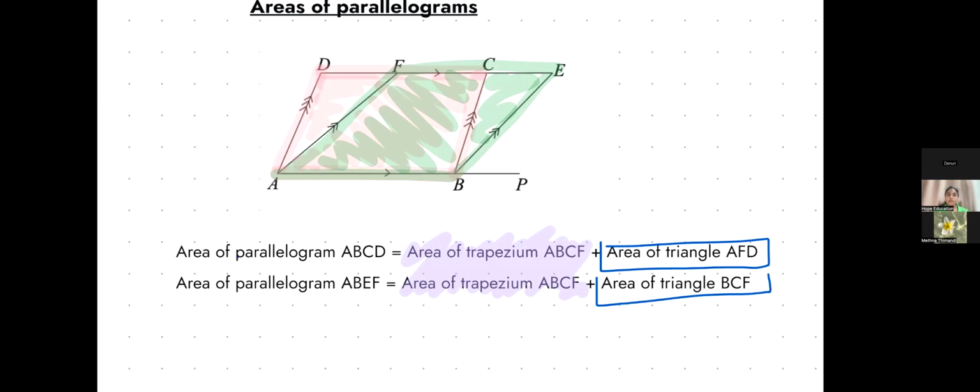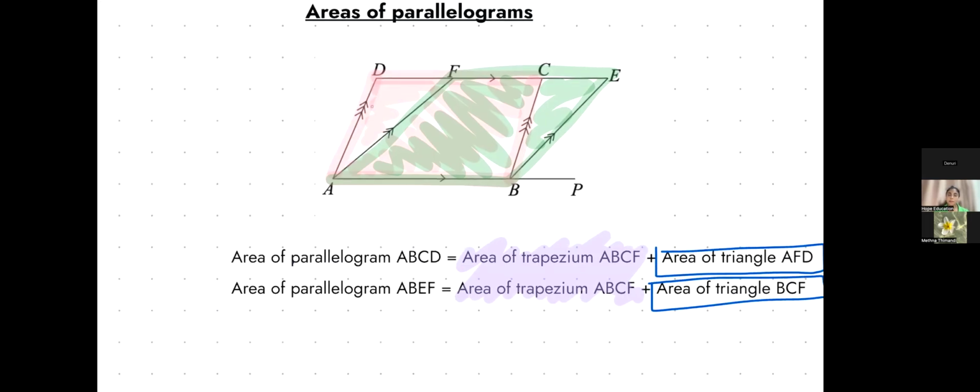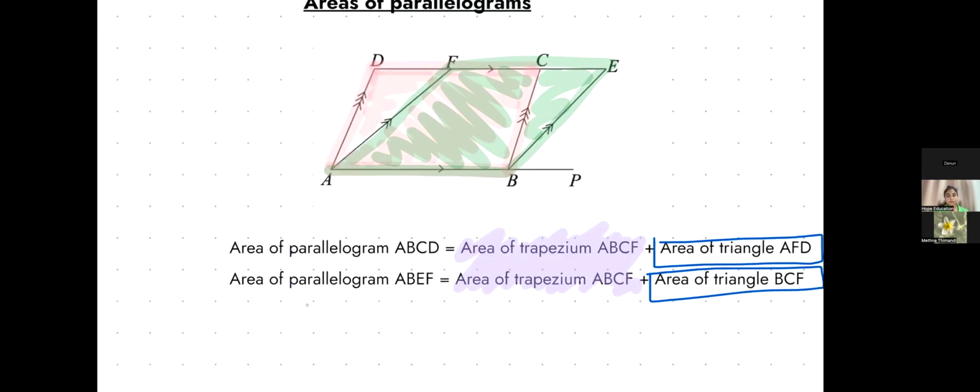So triangle AFD is here. Triangle BCE is here. Now let's look at those two. Triangle AFD and triangle BCE. Now if you look at these two triangles, what can you say? Do you think they are congruent?